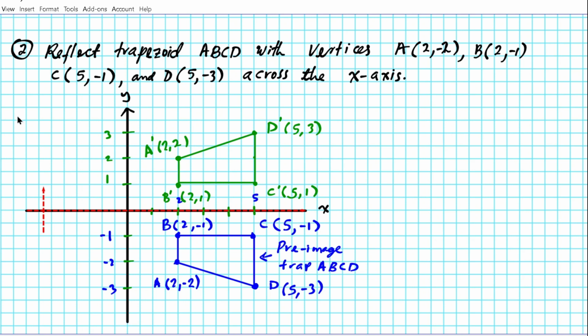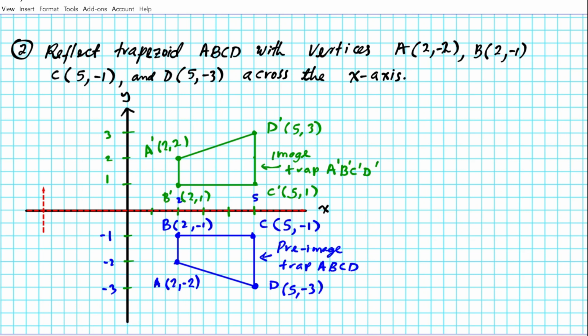Let's make a real quick adjustment, side B prime C prime is a little bit too high. Move that down. Okay, so what we just created is the image. The image is trapezoid A prime, B prime, C prime, D prime on the reflection about the x-axis.